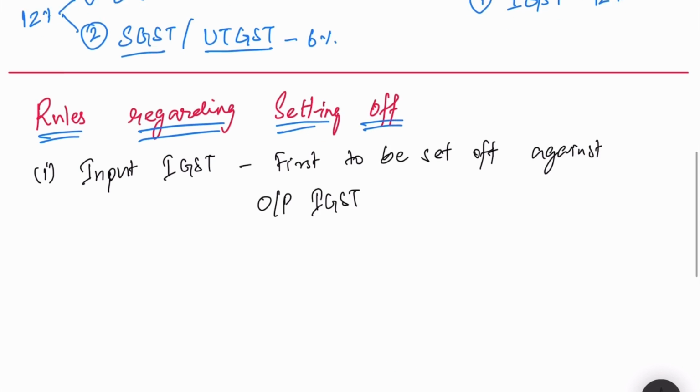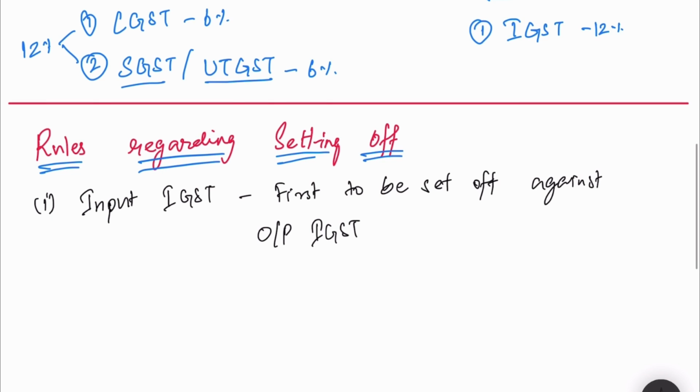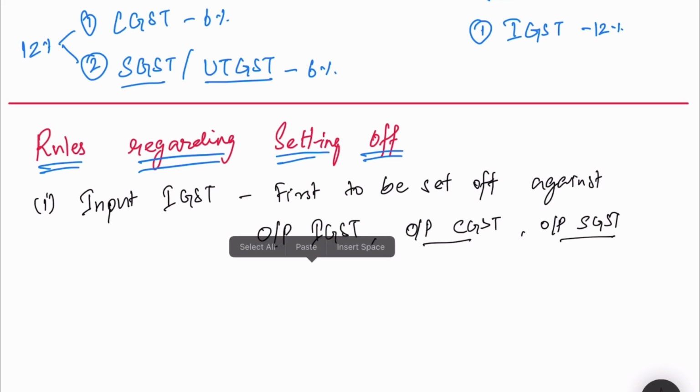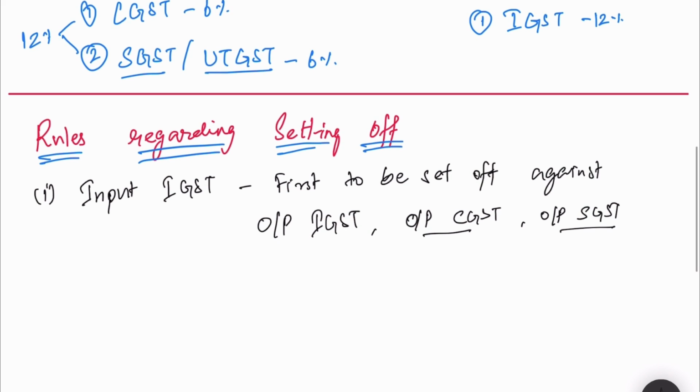If output IGST is not sufficient, then you can use output CGST or output SGST, or both CGST and SGST output can be utilized. So the first thing is that this input IGST has to be set off, whether by using output IGST or output CGST or output SGST. This input has to be set off first.